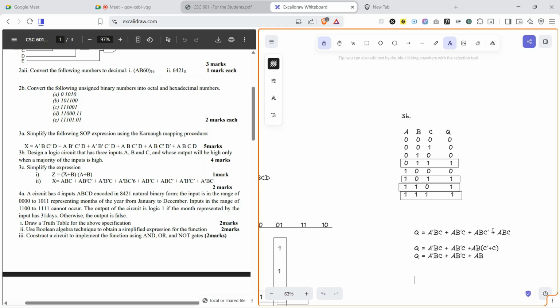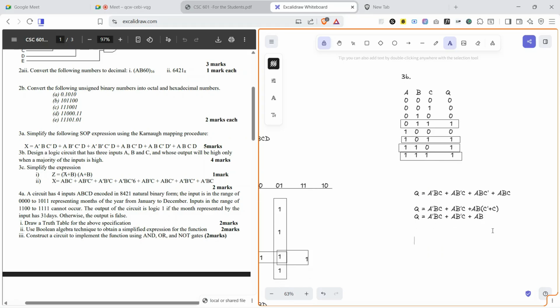Is there any other simplification? I don't think there's any other simplification we can do here. Trying to see this.